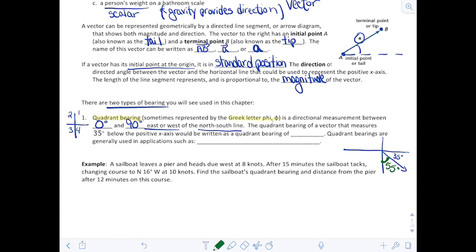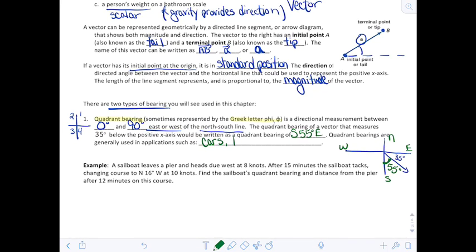So if this is north, east, south, and west, we would say this is from the south line 55 degrees east. And there's a couple of different ways we say that: 55 degrees east of south, or south 55 degrees east. Quadrant bearings are generally used in applications such as with cars, trains, just in general ground navigation.